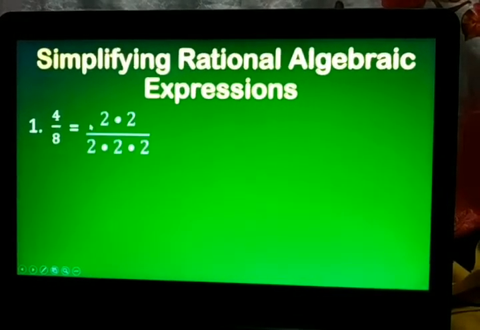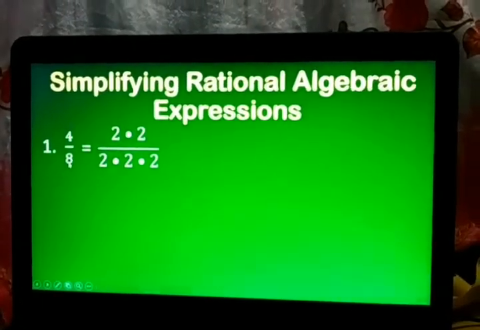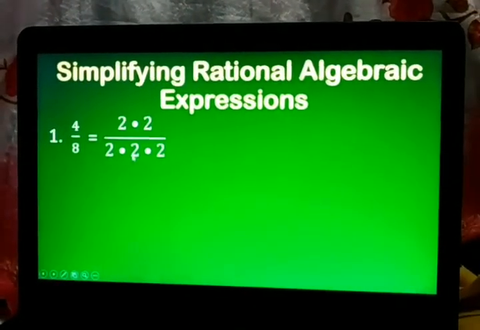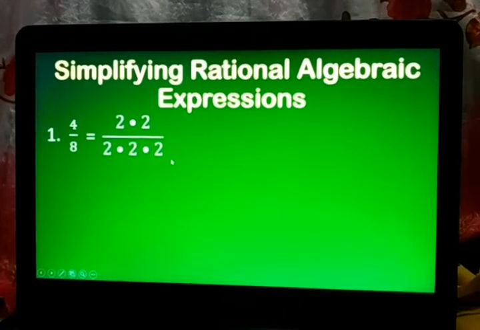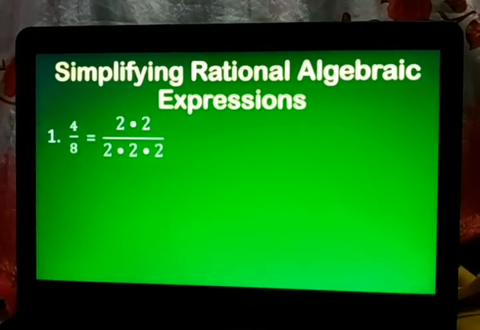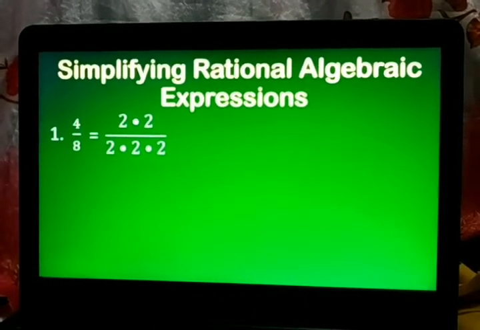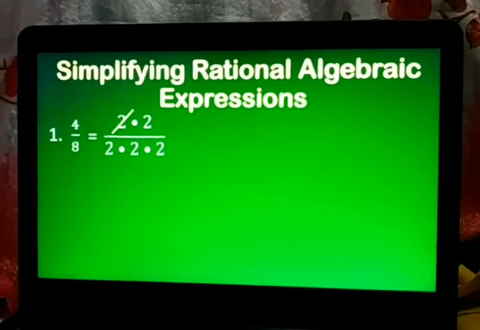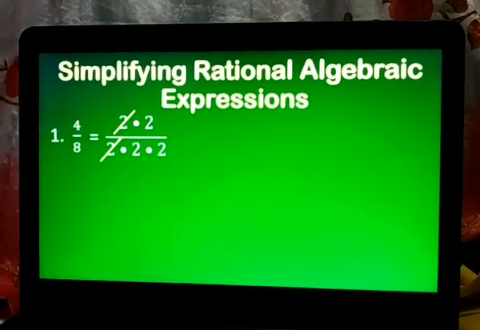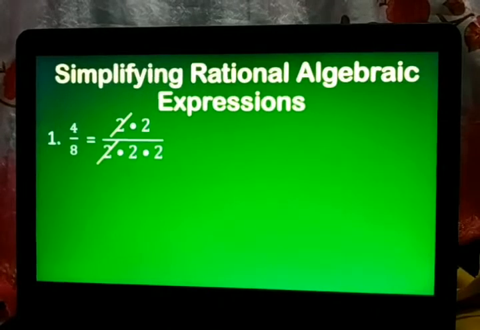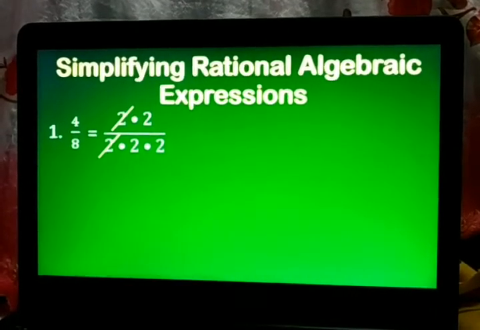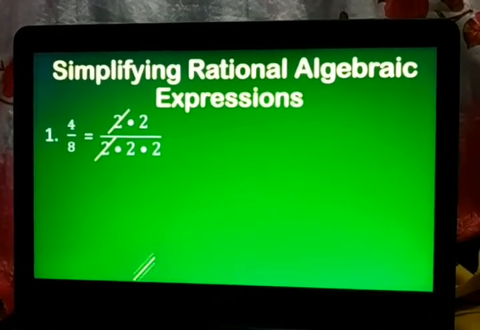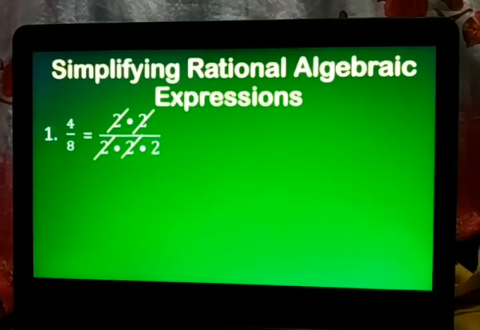4 has factors 2 times 2. And 8 has 2 times 2 times 2. Cancel out the common factors. So let us cancel out 2, 1 on top and 1 on the other. Paired, they become 1. Another 1.